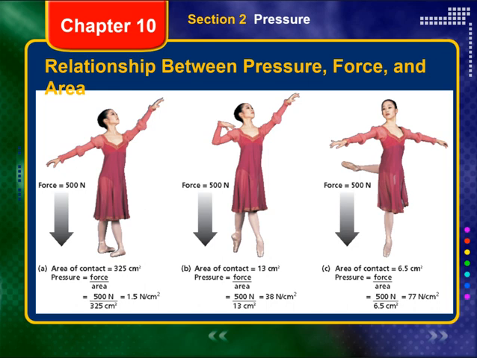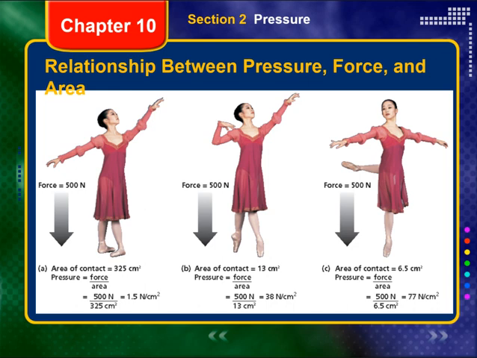We have the same force because she has the same mass, but we're exerting it on a smaller area. Notice that over those 13 square centimeters, we are now exerting pressure insanely more intense than example A. We're up to 38 newtons per square centimeter.